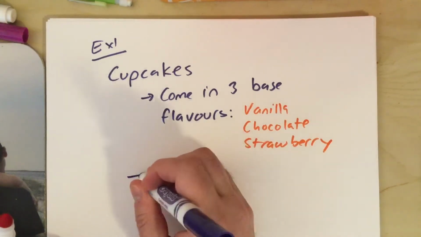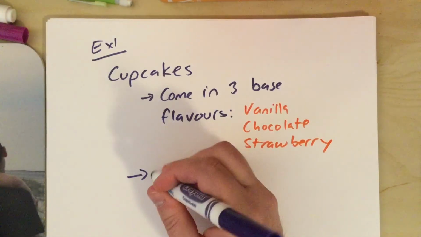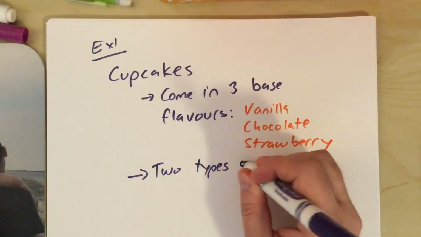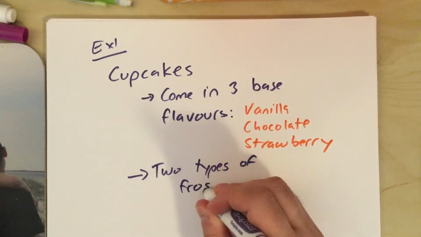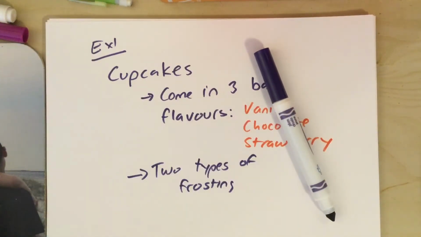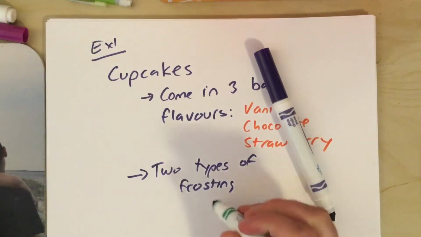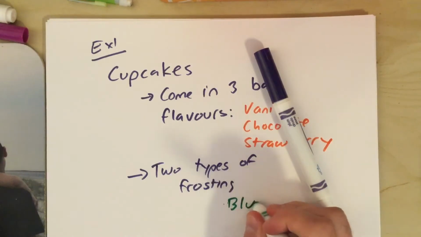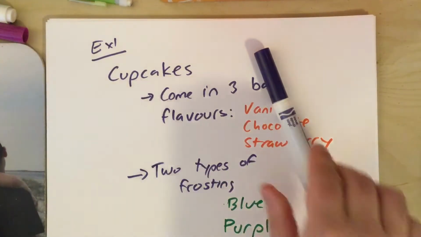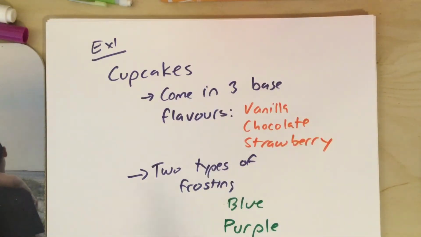And we'll say that there are 2 types of frosting. So the frosting is going to be either blue frosting or purple frosting. And so the question is going to be, how many different types of cupcakes can be made?